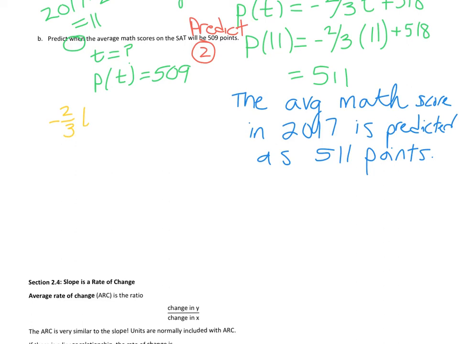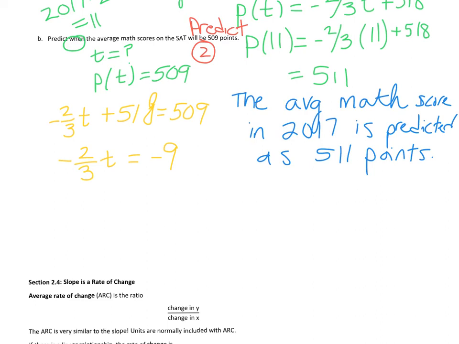So here's our p function, and we want to know what's the t when this p function is 509. All right, so let's solve for t. Let's subtract that 518. Remember how we get rid of fraction coefficients?